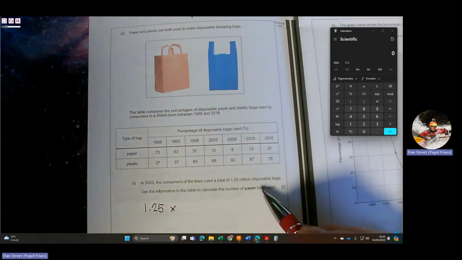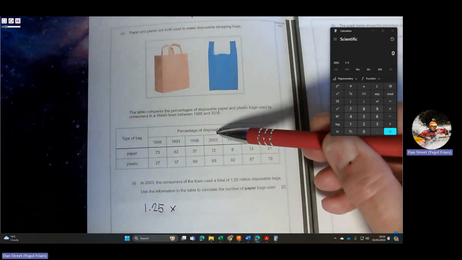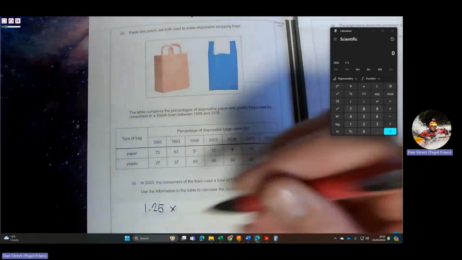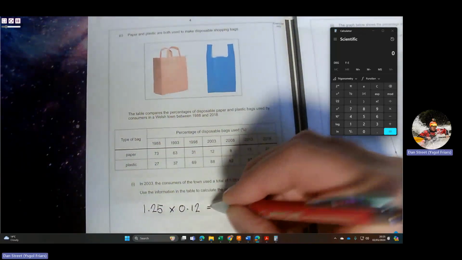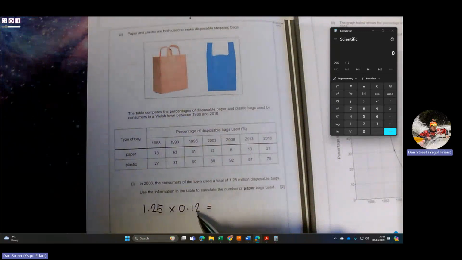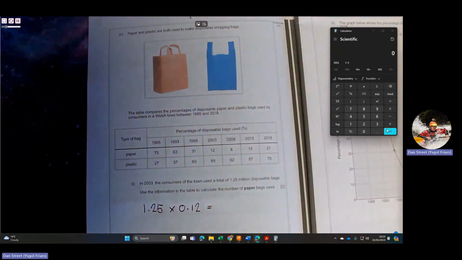Perhaps the quickest way of doing that for 2003, I'm looking for paper bags, is to multiply that by 0.12, because 0.12 is 12% expressed as a decimal, and that will just give us the answer directly.